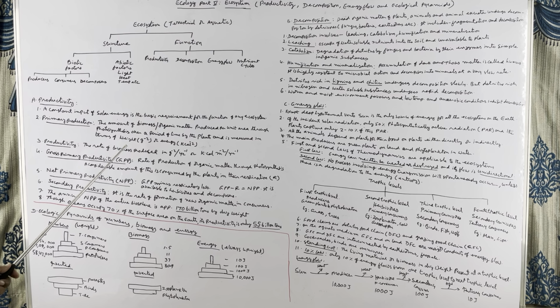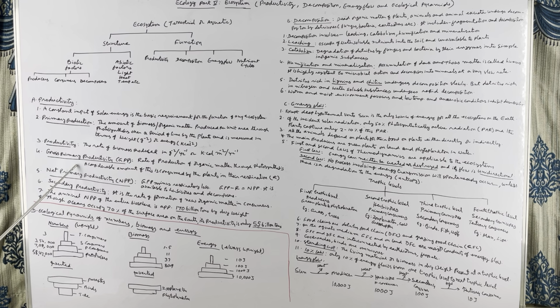It is measured in terms of weight, g m^-2, or energy, kcal m^-2. Then productivity is the rate of biomass produced, measured in g m^-2 per year or kcal m^-2 per year. In this way, the amount of biomass produced in a particular area is measured.